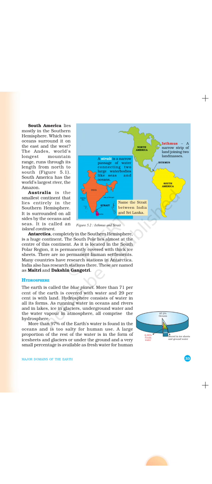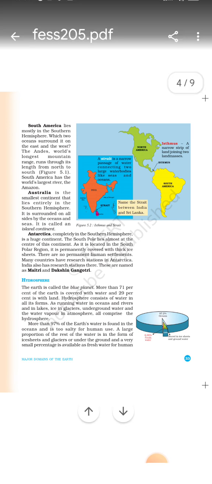There are no permanent human settlements here. यहाँ पे human settlement नहीं हो सकता. क्यों? Because of ice. Many countries have research stations in Antarctica. India also has research stations here, which are called Maitri and Dakshin Gangotri.